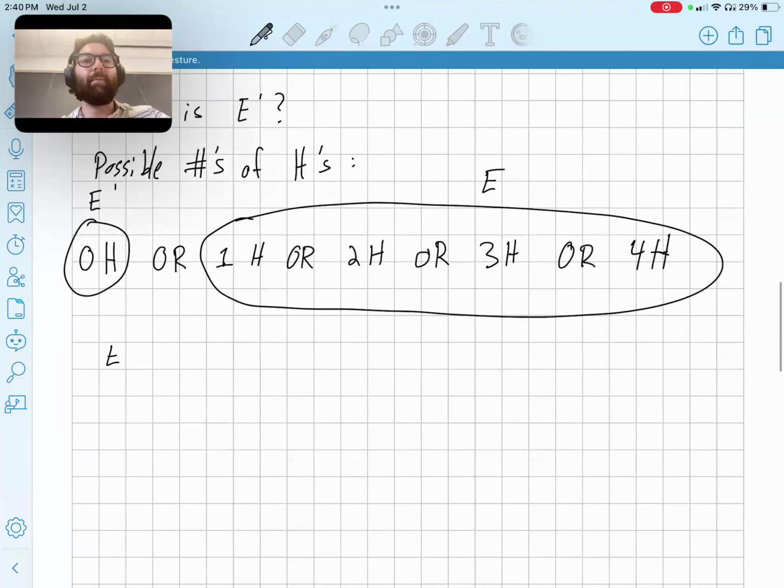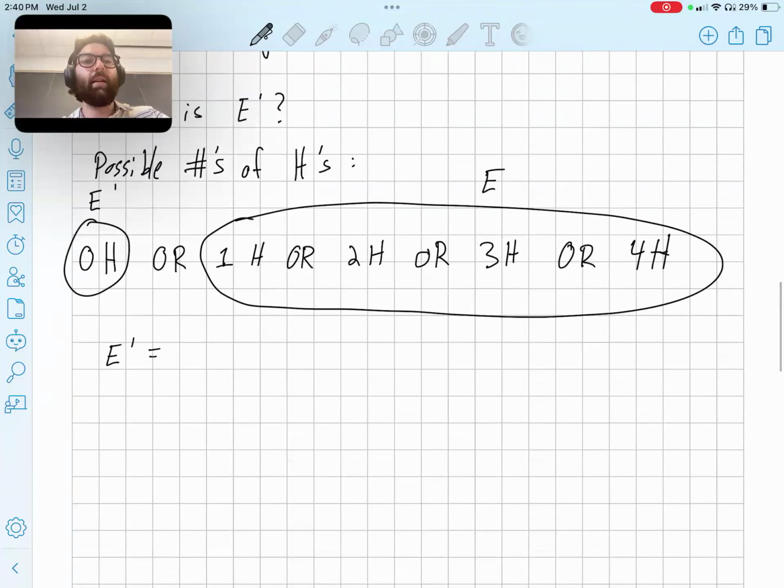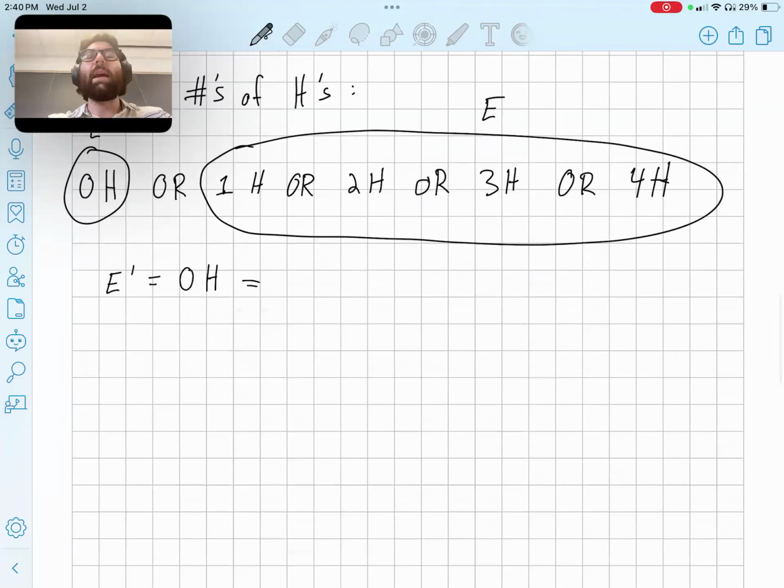And so E prime is 0 heads. And if you flip 4 coins and don't get any heads, that's the same as getting 4 tails. And so what's the probability of E prime? That's the probability of getting 4 tails.